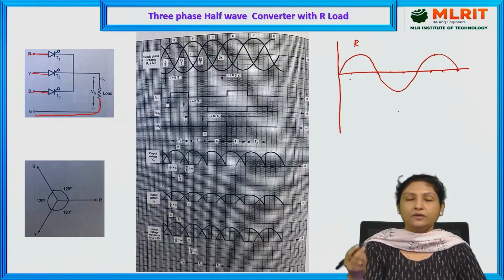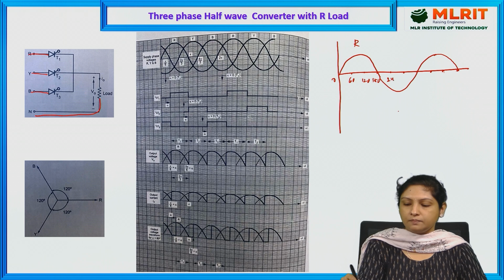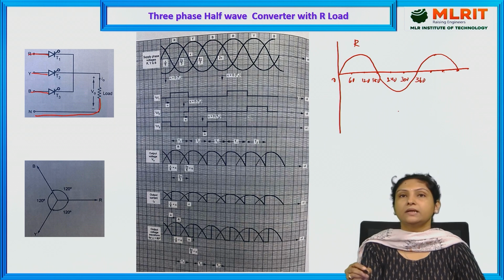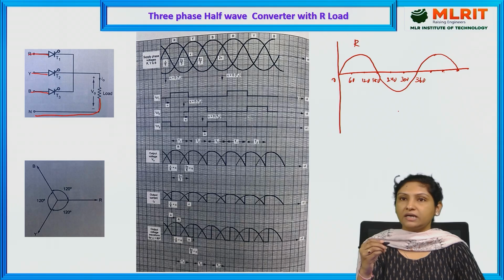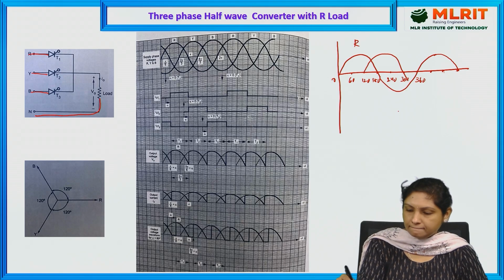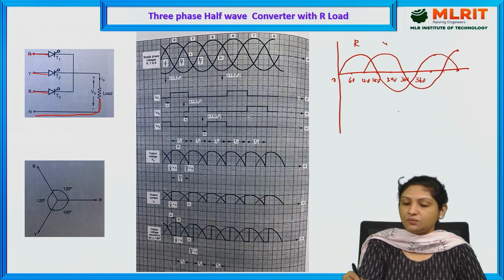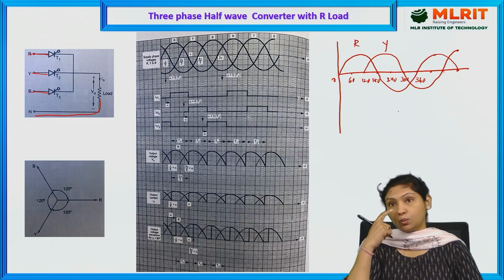So here, if you name this as 0, 60, 120, 180, 240, 300 and 360, here Y phase will be starting at 120 degrees. This is because Y phase will be lagging behind R phase by 120 degrees.